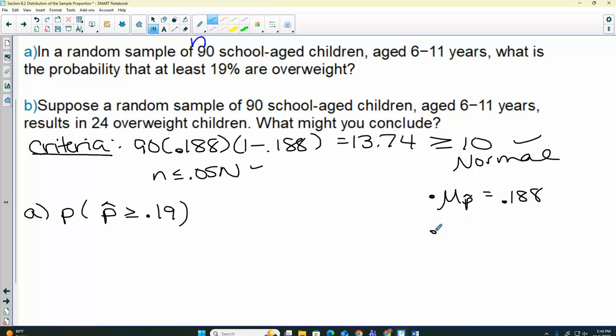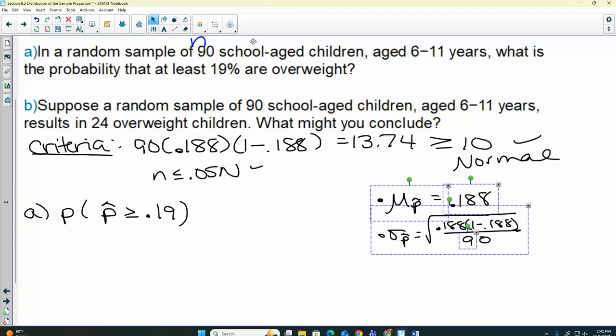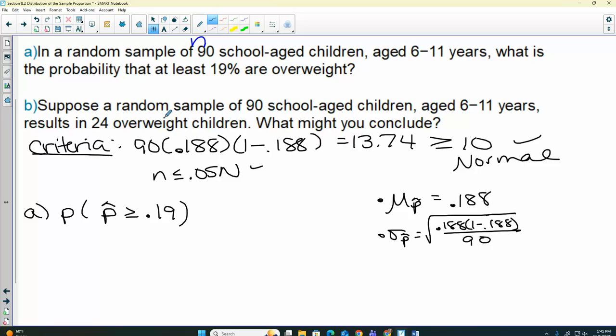Our standard deviation for p hat is the square root of p times 1 minus p over n. It's 90. Like I said, those are straight from your formula sheet. Our standard deviation is 0.0412.